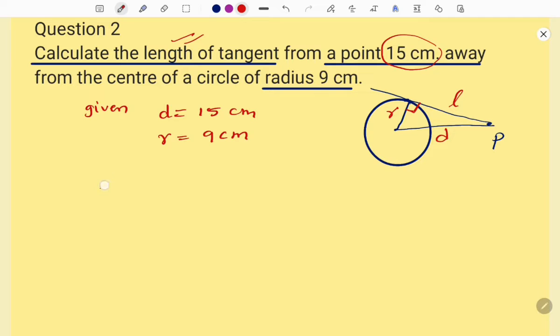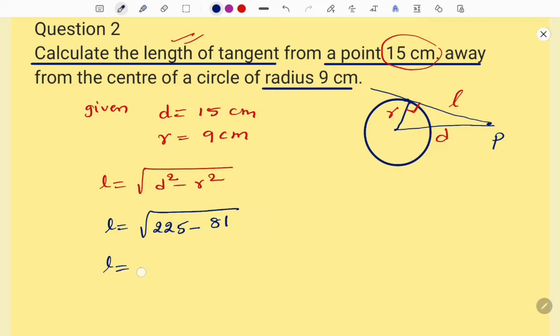You know the formula, L is equal to root over d square minus r square. So L is equal to root over d square 15 square 225 minus r, 9 square 81.